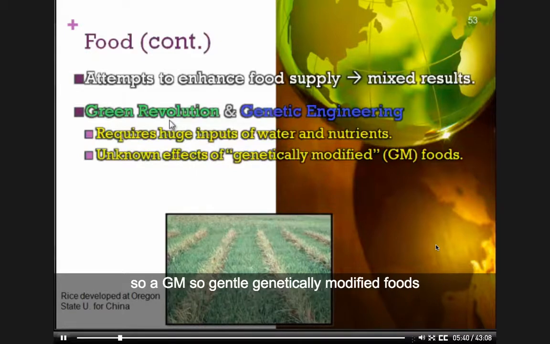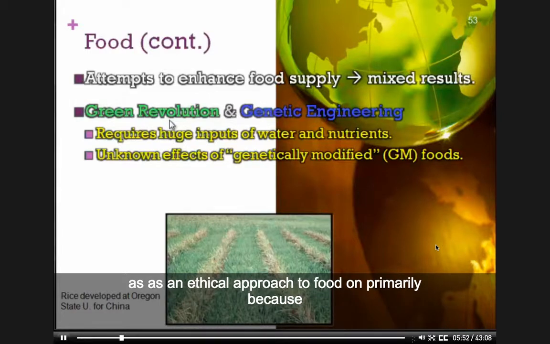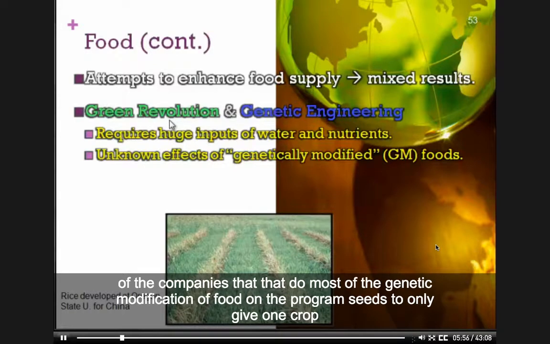So genetically modified foods are kind of being shied away from by those in the sustainability movement because they don't view this as an ethical approach to food. Primarily because the companies that do most of the genetic modification of food program seeds to only give one crop.